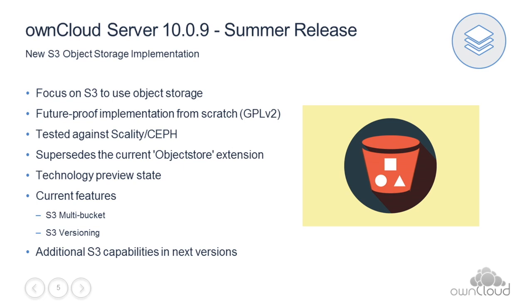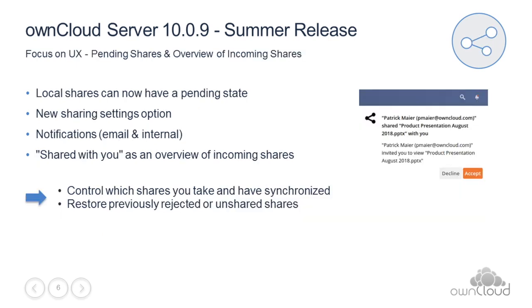So far on the object store, let's switch over to some sharing improvements. As you know, sharing is a core component of a content collaboration platform, and this is why we invest a lot in improving the user experience of sharing. And this is what we did with a new feature we call pending shares.